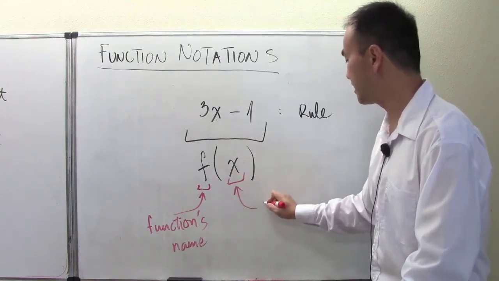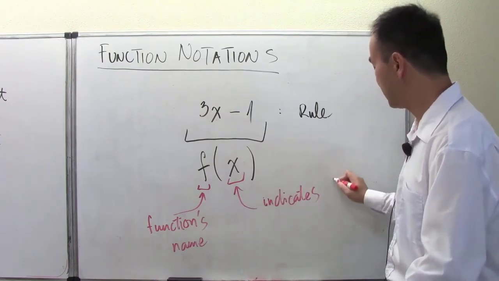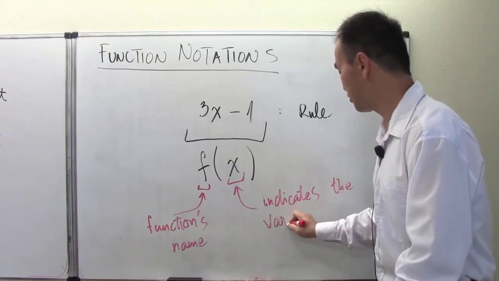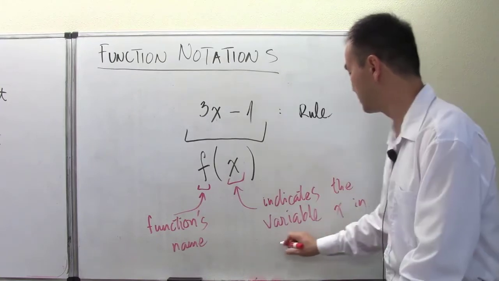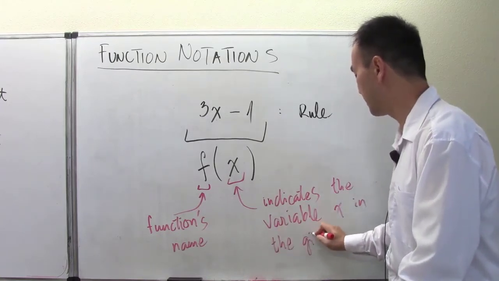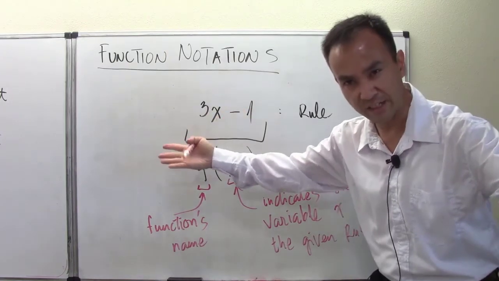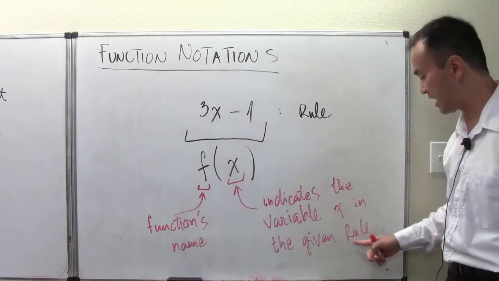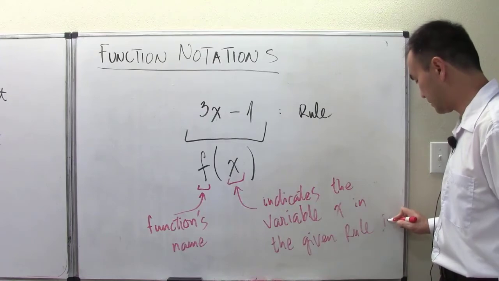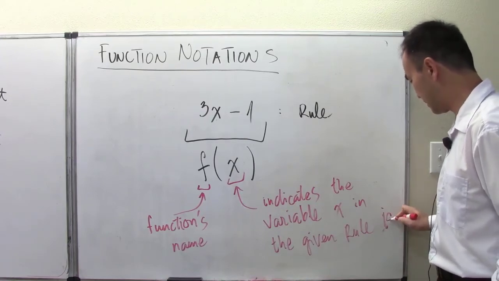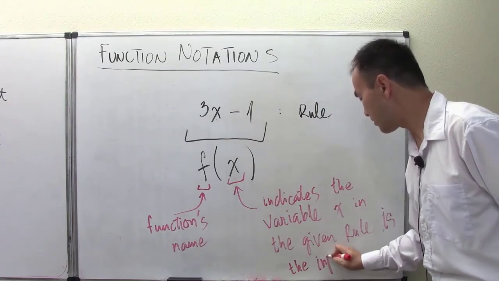It indicates that the variable x in the given rule, which initially came out as an expression, is the input. Okay.